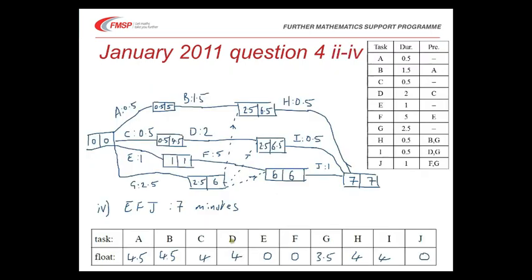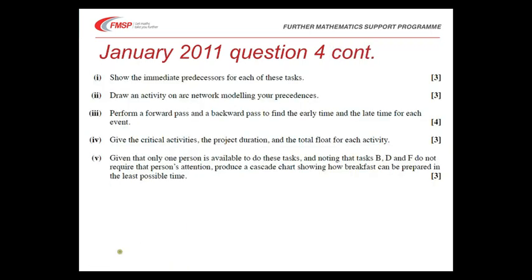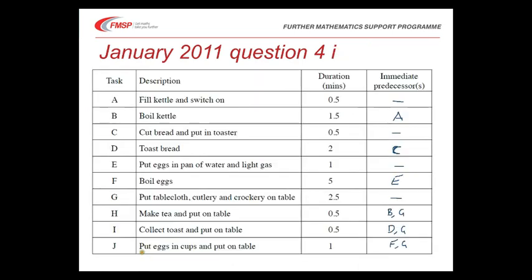So let's take a look at how the marks are awarded for this question then. For the first part, there are 3 marks awarded. 1 for getting these 4 activities with no predecessors. 1 for getting the 3 activities that have a single predecessor.